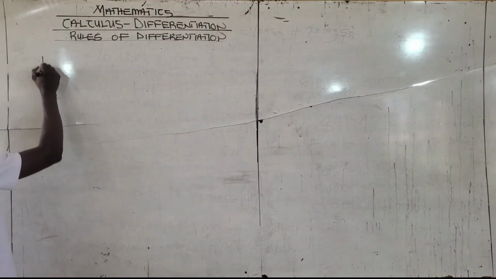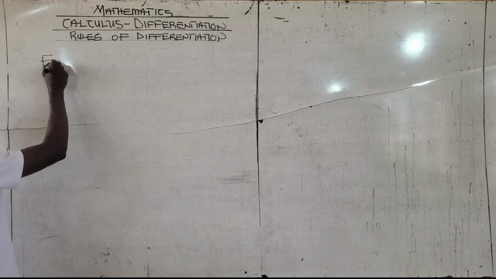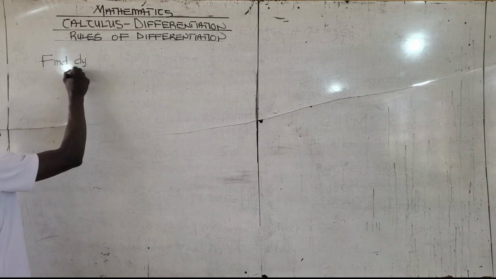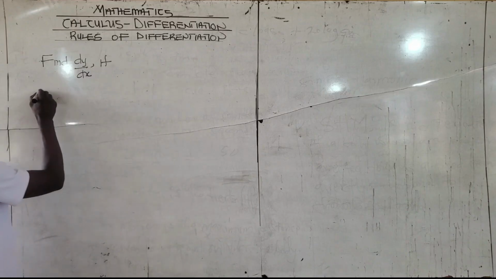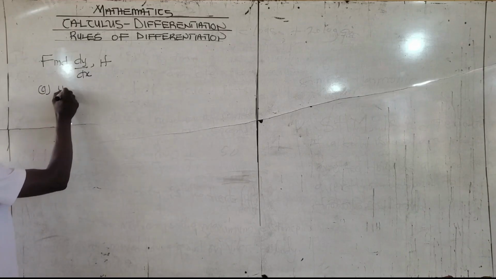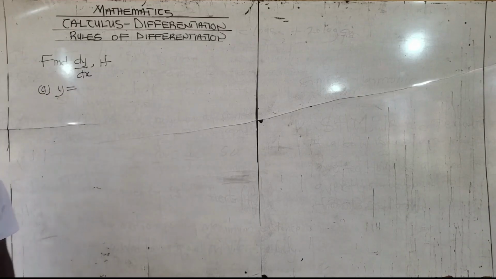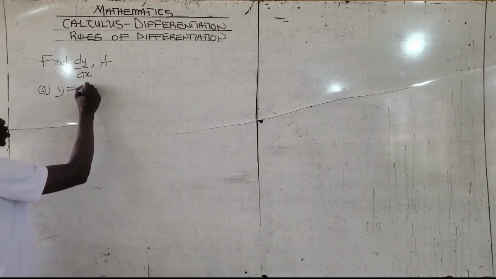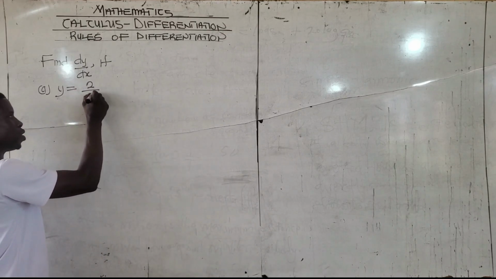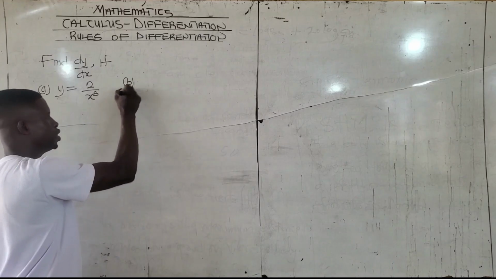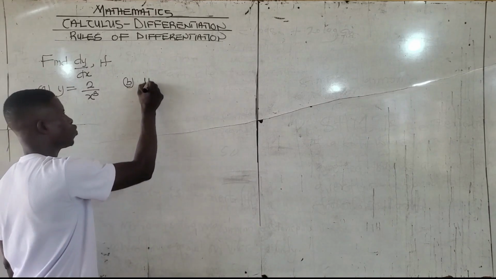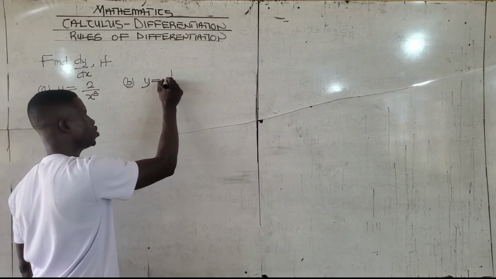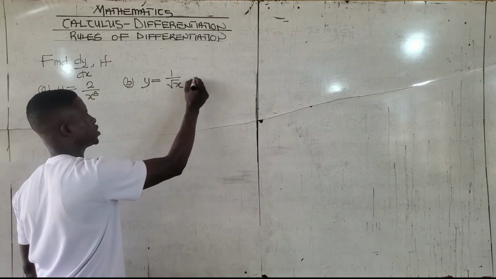Okay. So find dy over dx if A, y equals 2 on x to the power 3. B, y equals 1 over root of x.